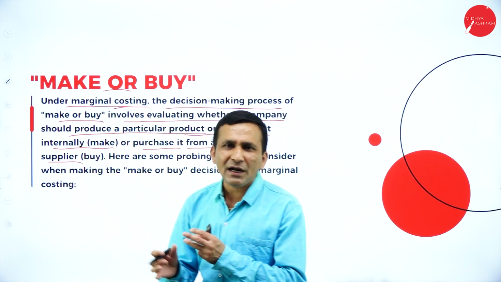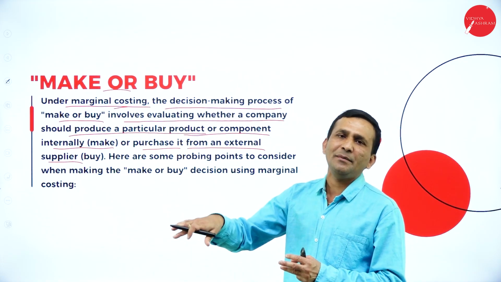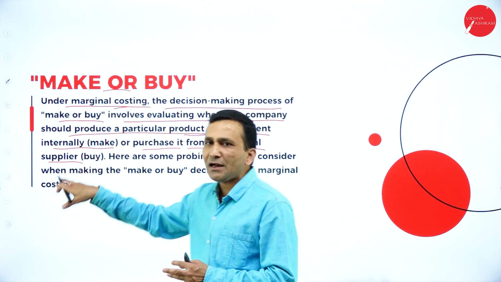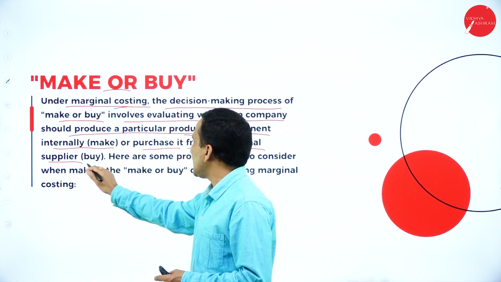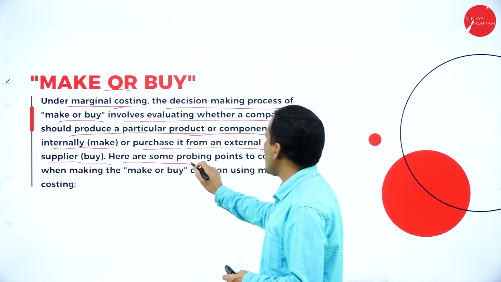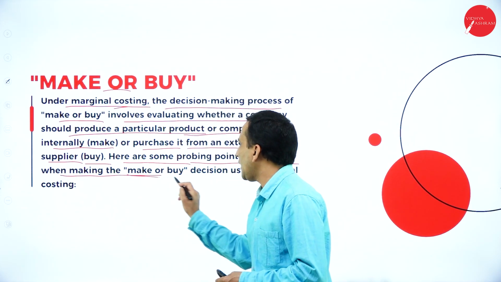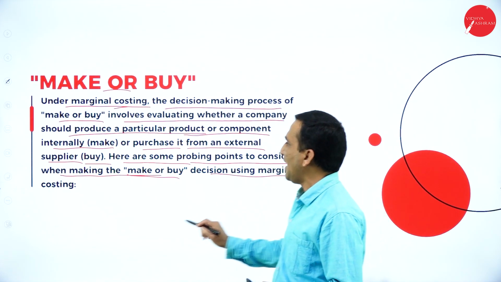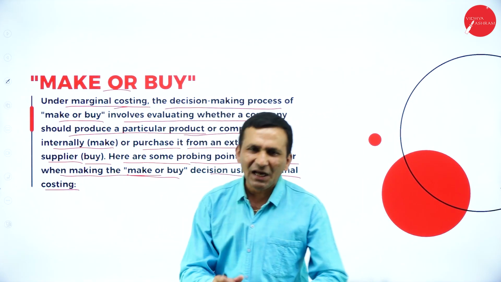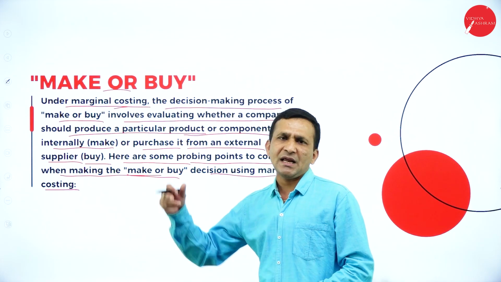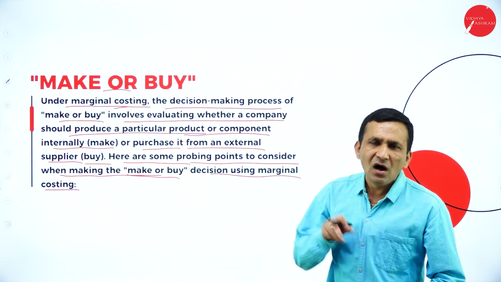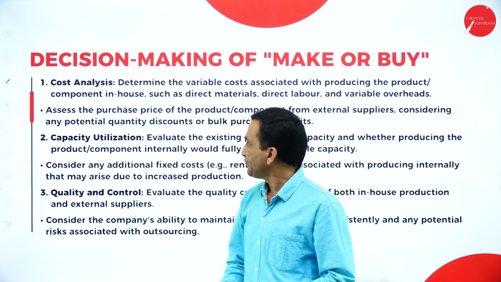If the same product you are expecting is available in the market, or suppliers are supplying it, that is buy. Here are some points to consider when making a make or buy decision using marginal costing. Here only we will decide whether I go for producing myself or purchasing from outside.